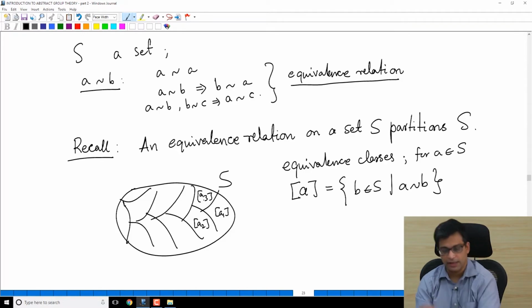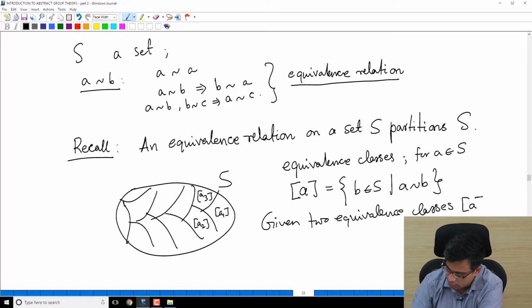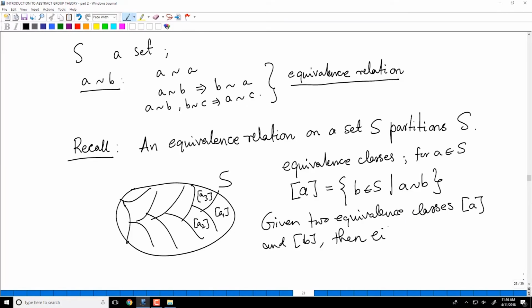And the important property is that if you are given two equivalence classes, the class of A and the class of B, then we have two possibilities. Either the classes are equal to each other, the class of A is equal to the class of B, so they are identical, or they are disjoint.